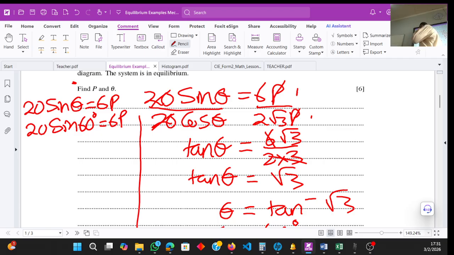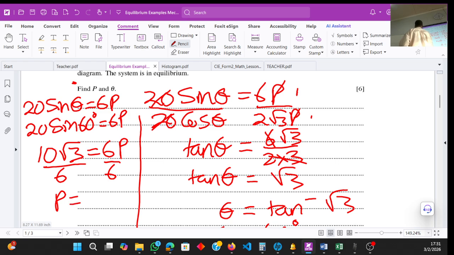Again, 60 degrees is a special angle where if we want to find sine at 60 degrees, that's root 3 over 2. So in essence, when I do the substitution here, root 3 over 2 times 20 ends up simplifying to 10 root 3 being equal to 6p. Then I'm looking for p, so I'll divide both sides by 6.